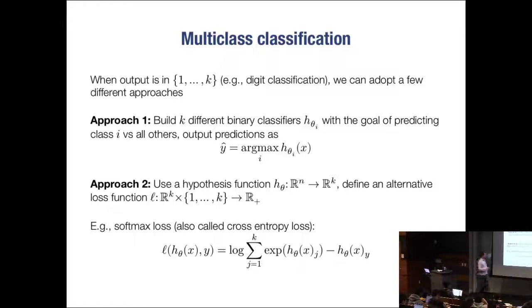If you put all your weight on the true label, you get 0 loss. If you put equal weight around all of them, you get middle loss. If you put a lot of weight on the wrong one, you get very high loss. So it's a generalization of logistic loss to the multi-class case, but we won't worry about that too much. Just know that the more common thing is to define a loss function that directly corresponds to multi-class classification.